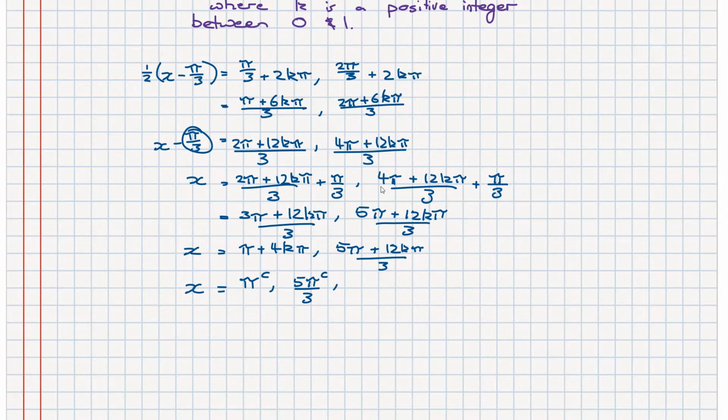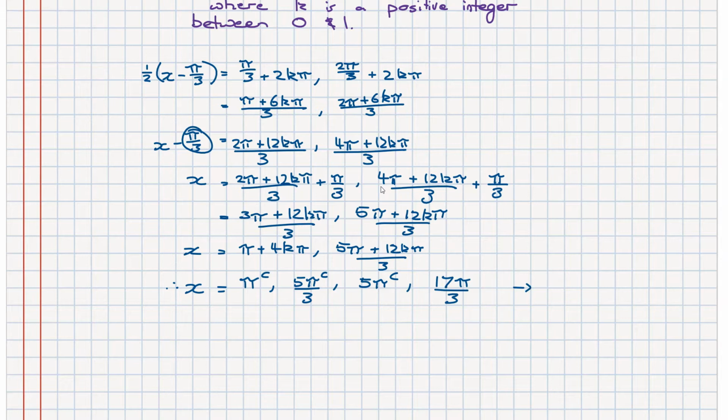Then the one after that is going to be pi plus 4 pi, so that will be 5 pi radians. And then the final solution is going to be 5 pi plus 12 pi over 3, so 5 plus 12 is 17. It's a lovely prime number, so that's not going to get factorized down. So 17 pi on 3, and that would be our solutions for x.